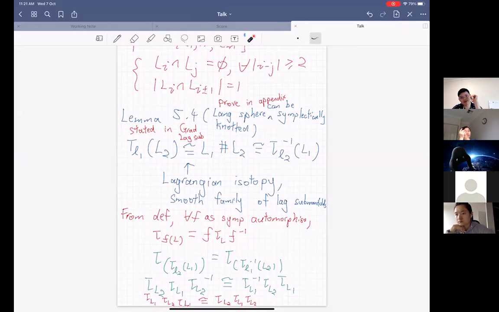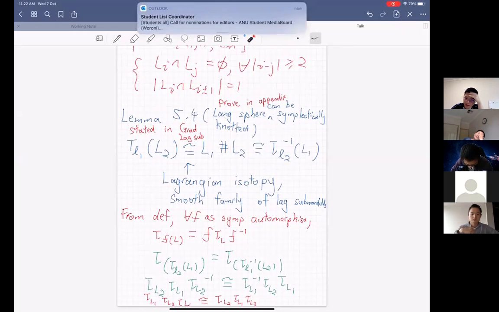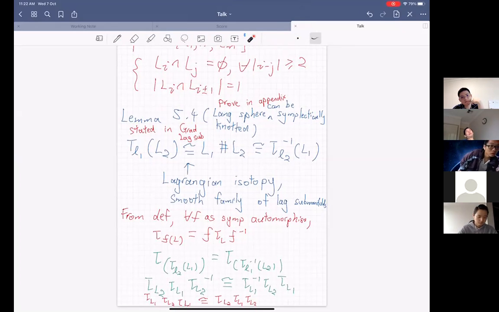Do you know something about Lagrangian handles? Because they use that in the proof. When they define the connected sum, they use Lagrangian handles. Okay, so the connected sum: if you have an intersection, then you cut a neighborhood and try to connect it.